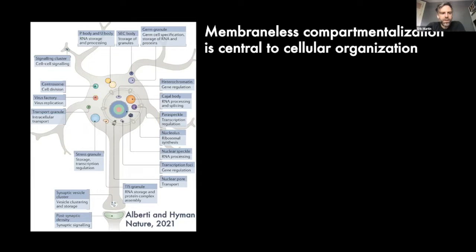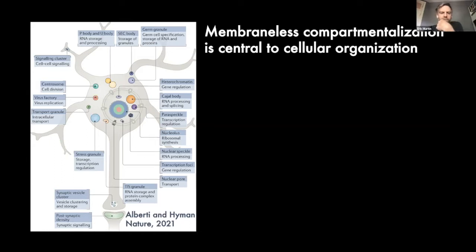What I'm showing here is a cartoon image of a neuron that was published in a review in Nature last year, basically listing everything that has been identified as a membraneless organelle. So there's essentially a wide array of structures within a cell that seem to come together and form punctate structures in the absence of any containing membrane.